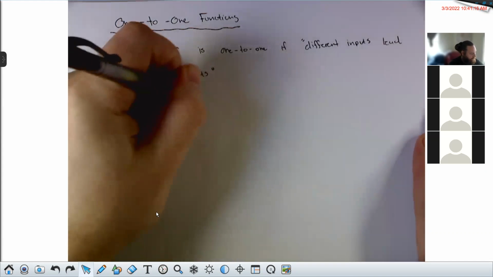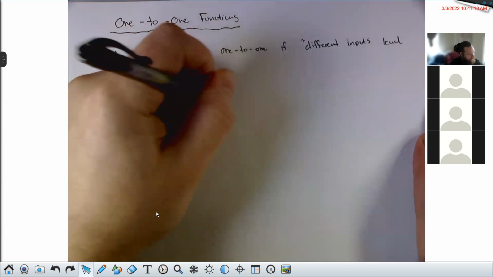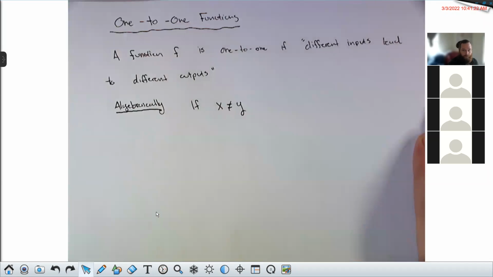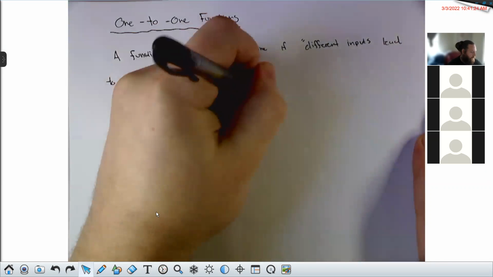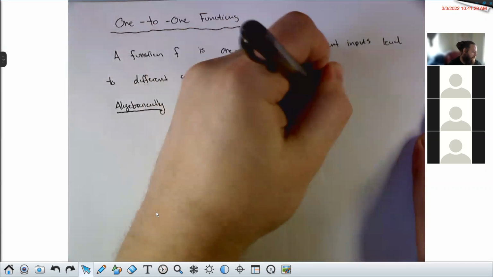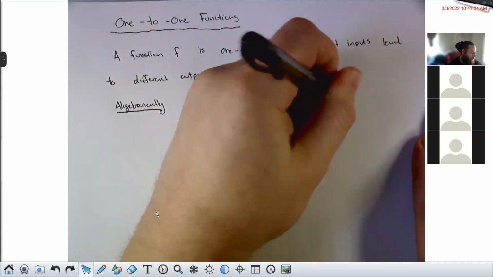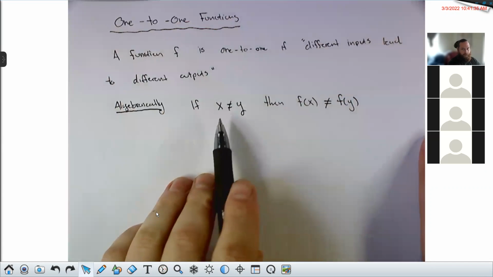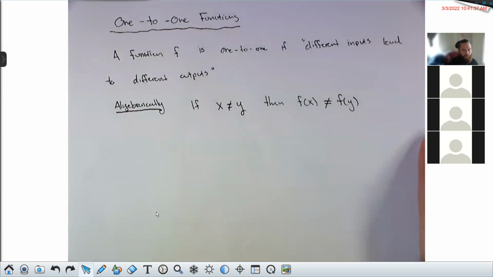You can say if x is different from y, I have two different inputs, x and y, then f of x will be different from f of y. So if you have two different inputs, they have to go to different outputs.